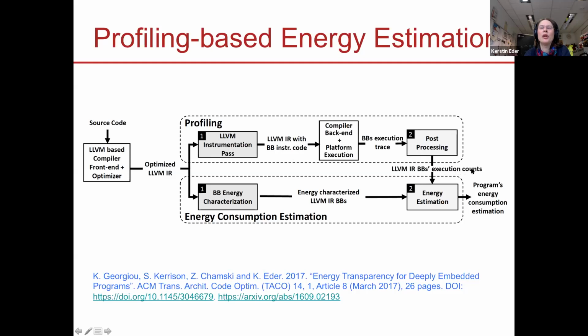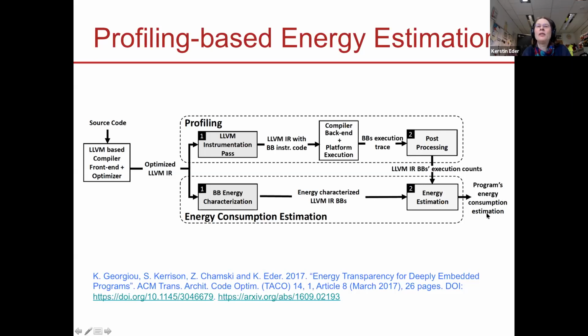So I basically want to know how often each basic block is executed whilst the program is running, right? With that information, and given the energy consumed by each basic block, which we've already obtained from the energy characterization that I previously introduced for the static analysis, I can then determine the program's energy consumption from the basic block counts and the basic block energy characterization.